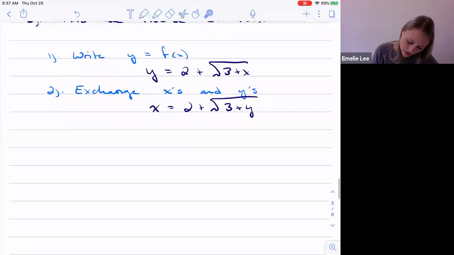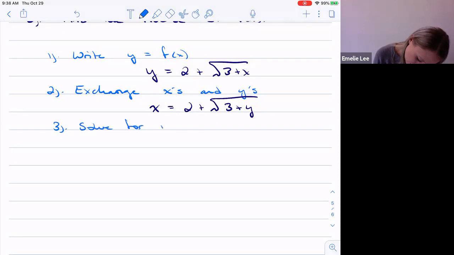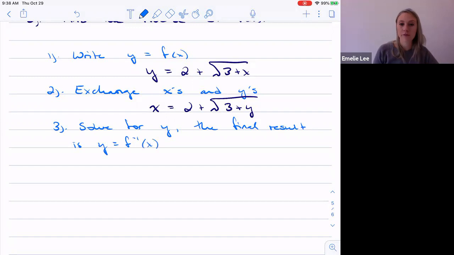Once we've exchanged x's and y's, I'm going to solve for y. So step 3, solve for y. The final result is y is the inverse of f of x.